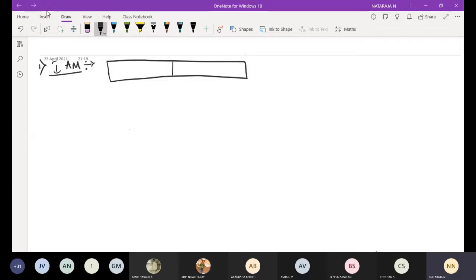It will be divided into 3 categories. The first one will be instruction, second one will be register, third one will be data. You should remember these things. This is very, very important. If you know this structure, you can easily explain and write the example.